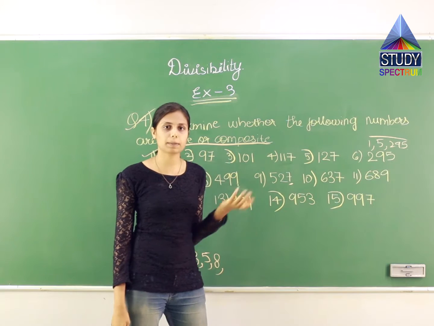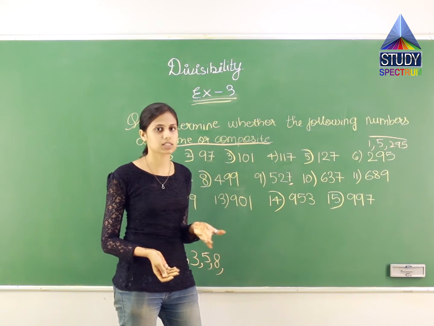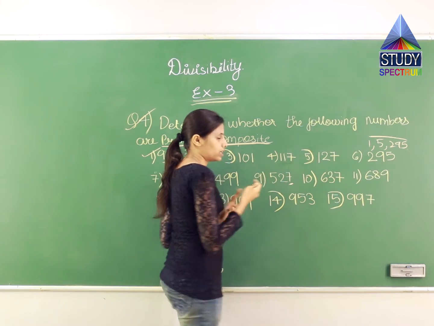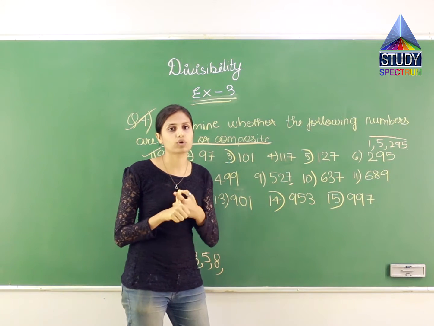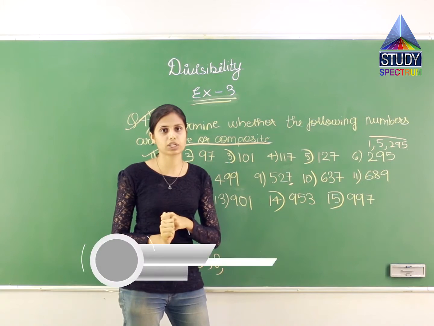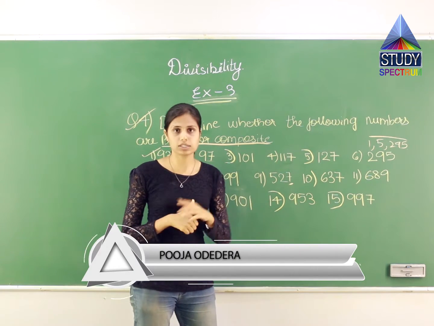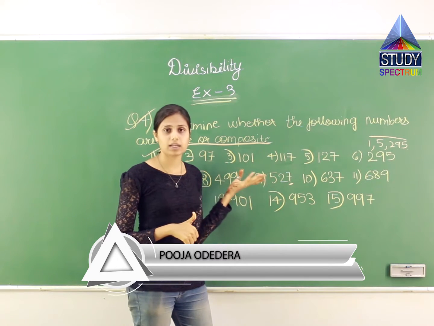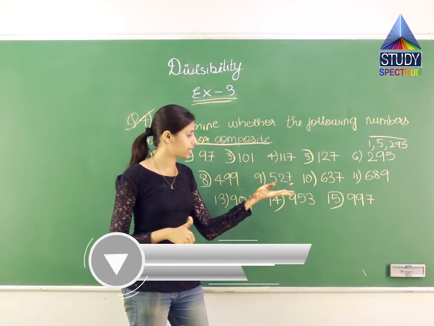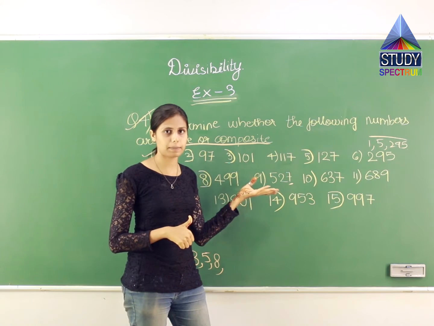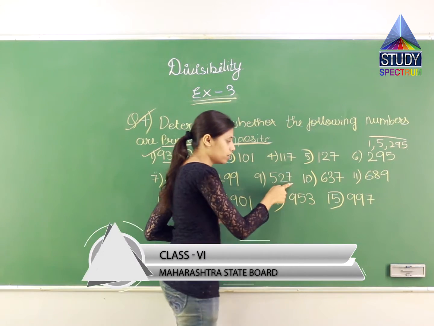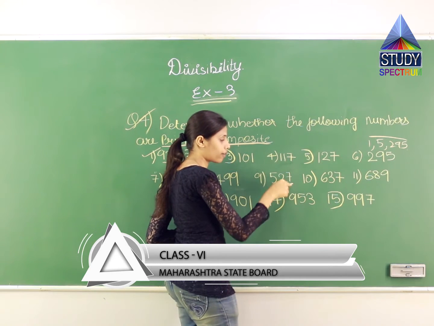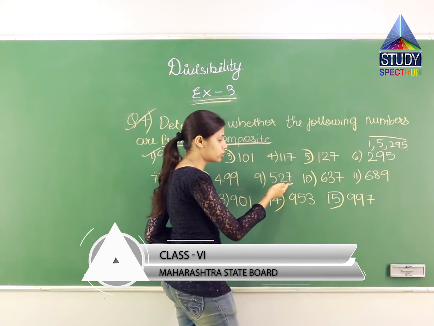When it does not come in the table of 2, it cannot come in the table of 6. 3 के टेबल में भी नहीं आएगा क्योंकि 7, 8, 9, 10, 11, 12, 13 and 14. 14 does not come in the table of 3, so I can say that this does not come in the table of 3. Then 9 के टेबल में भी 14 नहीं आता, so I can say that ये 9 के टेबल में भी नहीं आएगा. Then 10 not possible, 5 also not possible because for 10 I need 0 and for 5 I need 0 or 5, which is not possible.